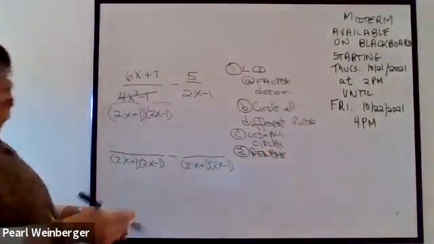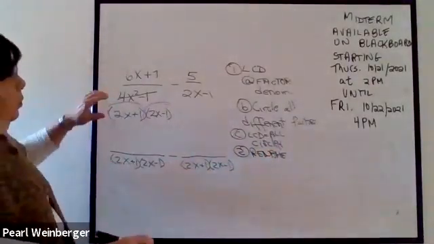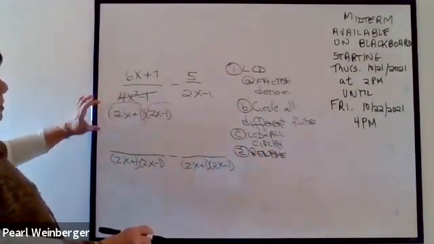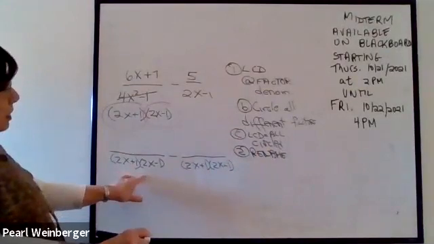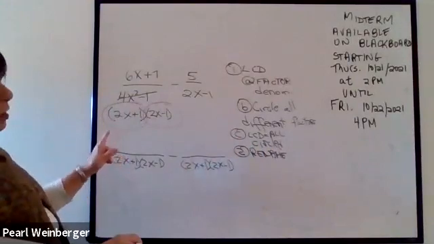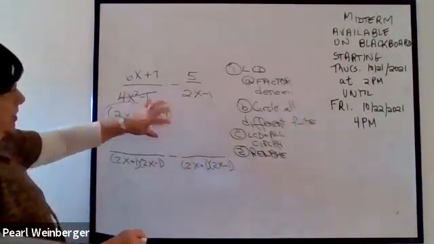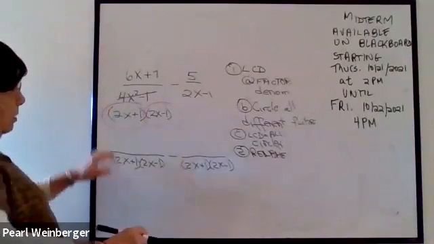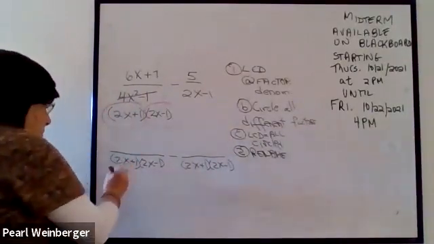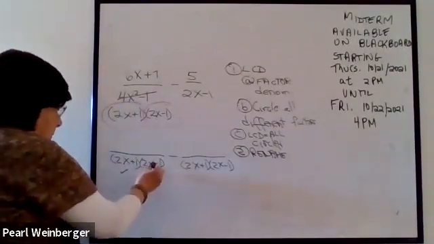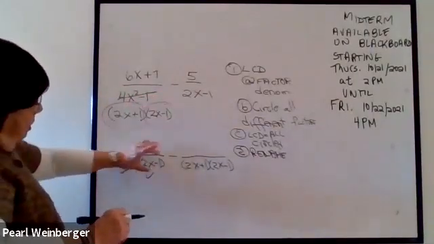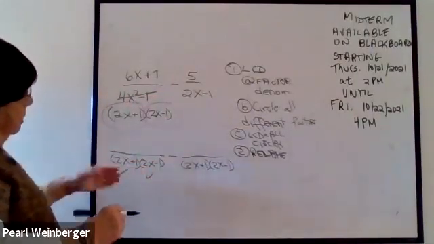And we do it exactly the way we did before. We take our original denominator and divide it into the LCD. Now that is going to be quite a bit easier because since everything is already factored, it's just a matter of checking off. If I divide this into this, this will be gone. In other words, the 2x plus 1 times the 2x minus 1 goes into the 2x plus 1 times the 2x minus 1.